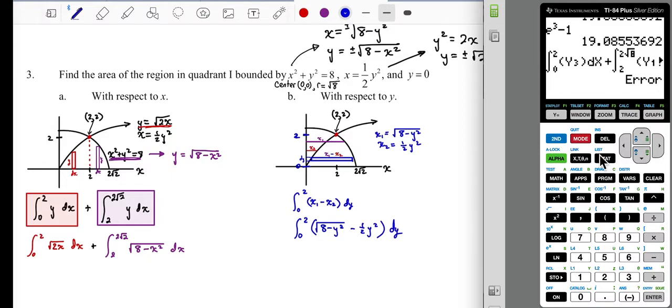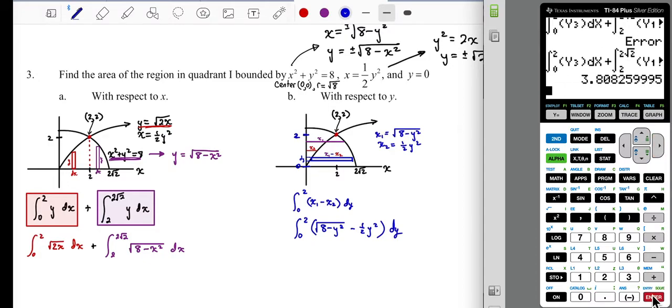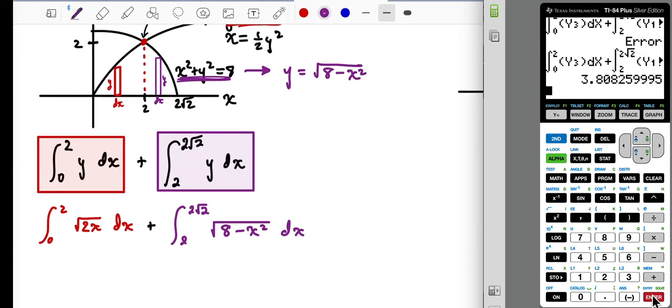Oh, 2 rad. So when I said you can write rad 8 instead of 2 radical 2, I zigged when I should have zagged. So 3.808 approximately square units.